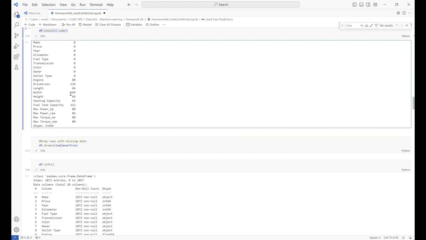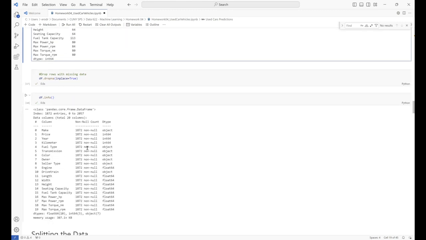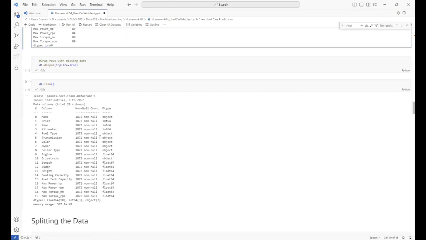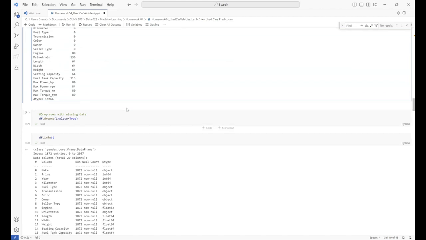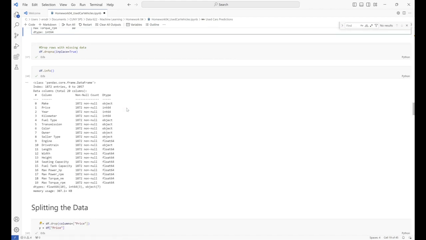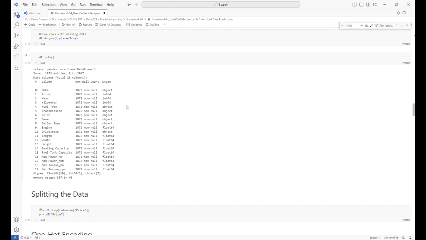It really didn't affect it too much. It dropped our data set down to 1,872 observations, and I think our original data set was a little bit over 2,000. So we didn't lose too much. I thought that was a reasonable approach, so as not to distort the original data set.